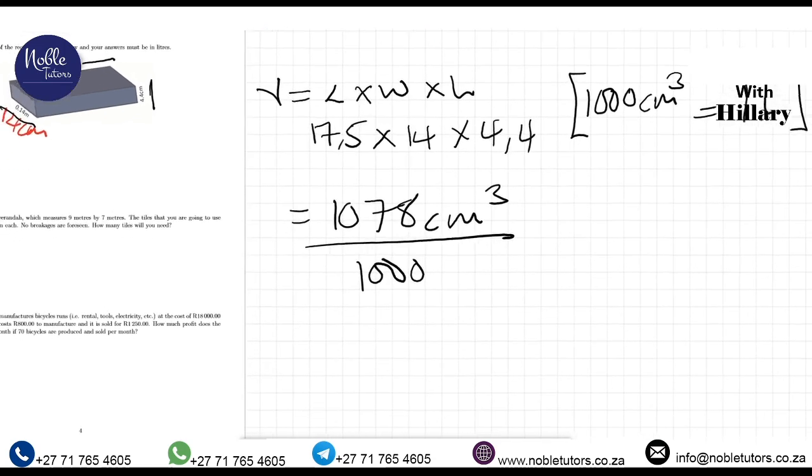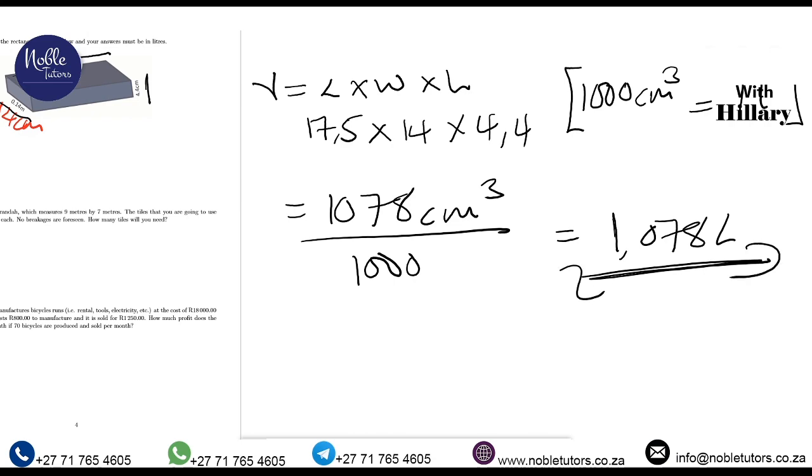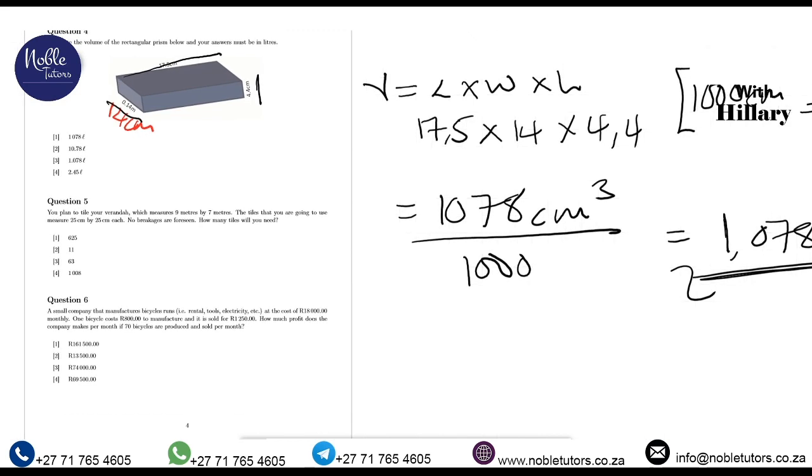So now we need our answer to be in liters. Hence, it's 1.078 liters. That will be our final answer: 1.078 liters of water that can fill the prism.